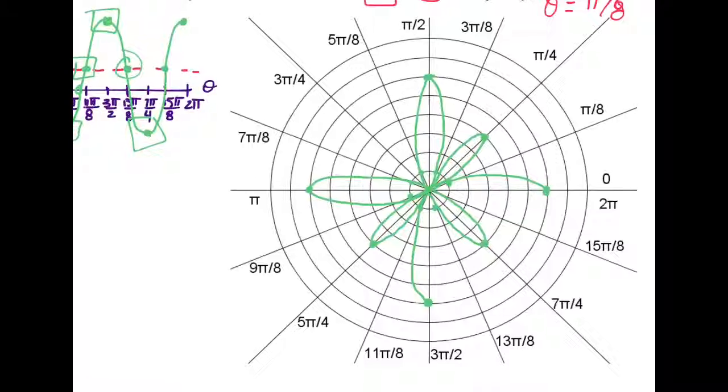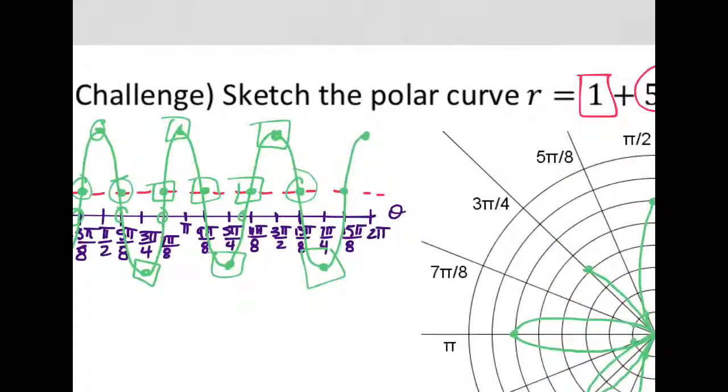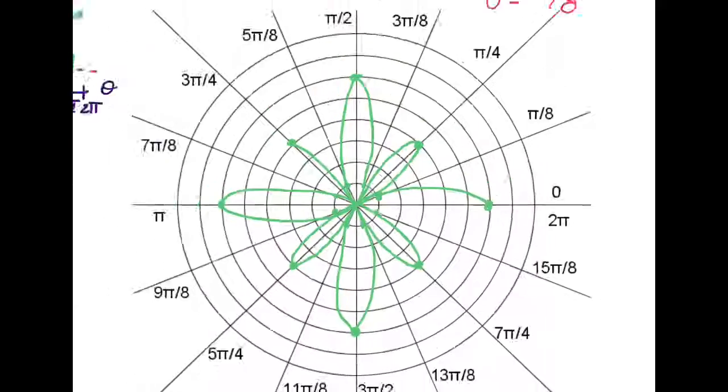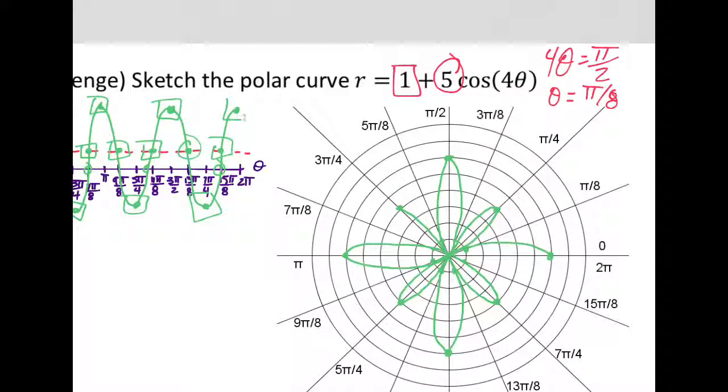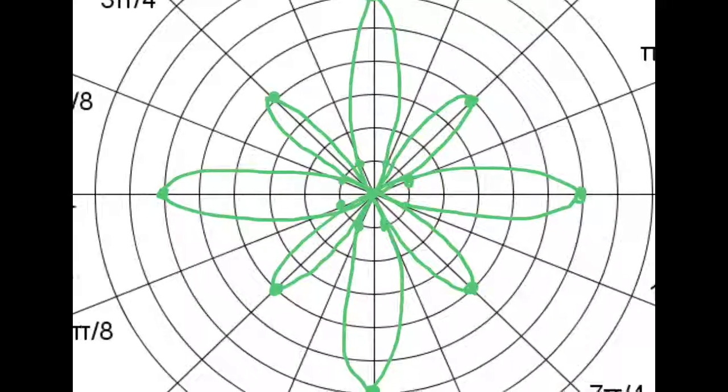But again, it's negative, so I'm up on the opposite side right there. So curve through, hit that small petal, and we're almost there. Cross the pole again, go to our last 1 at 15 pi over 8 right there, and then finally end back where we started, 2 pi, big radius of 6. So this is going to curve down, cross the pole, hit the 1, and finish off right where we started.